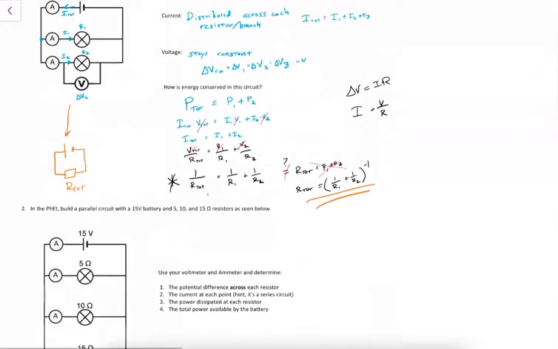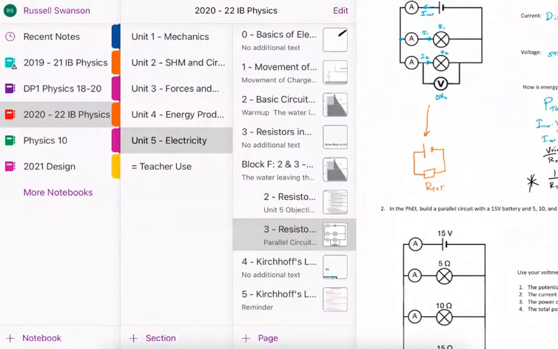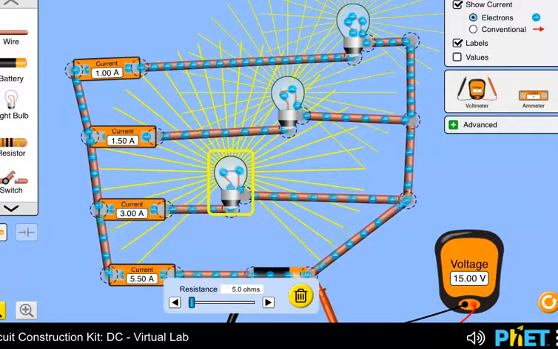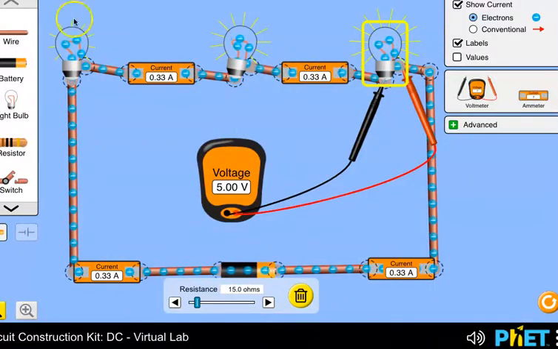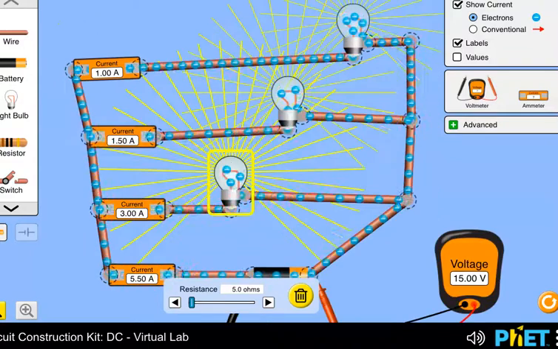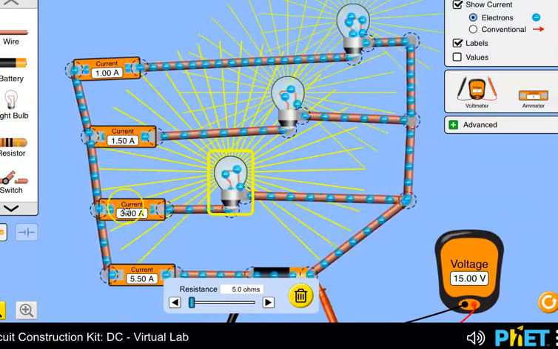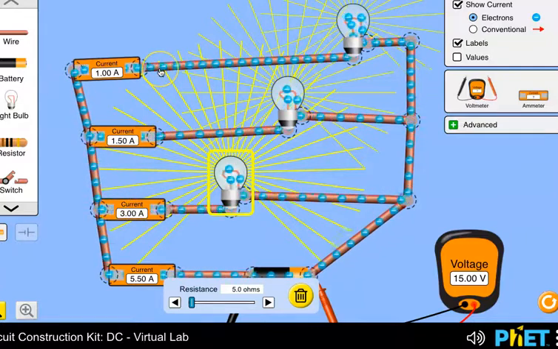So the most important part about this is practice, is making sense of how to differentiate and solve, look at series circuits differently than parallel circuits, really being aware of how resistors in series kind of slow down the total current that's going on, whereas resistors in parallel, they just kind of split the current, but having constant voltage.